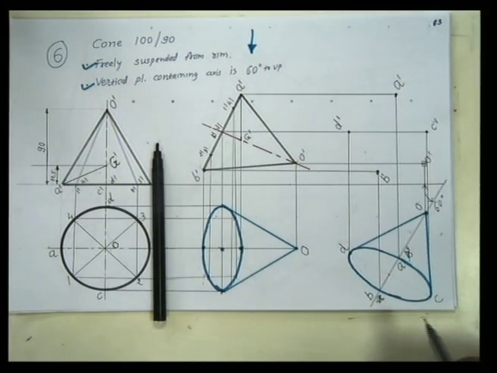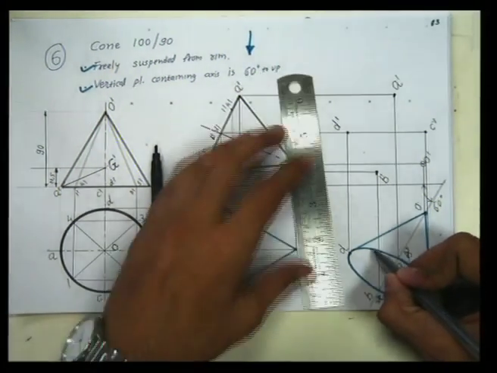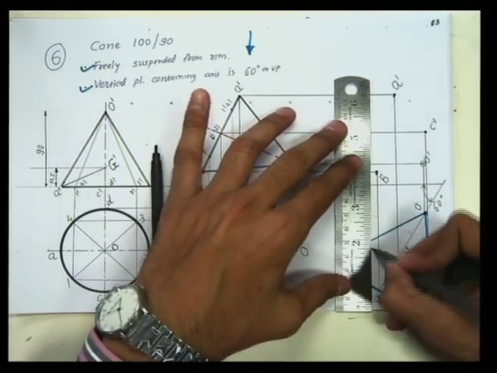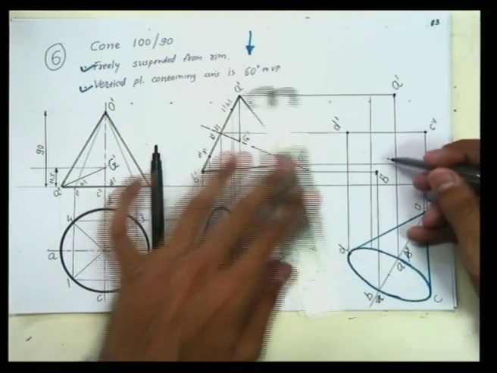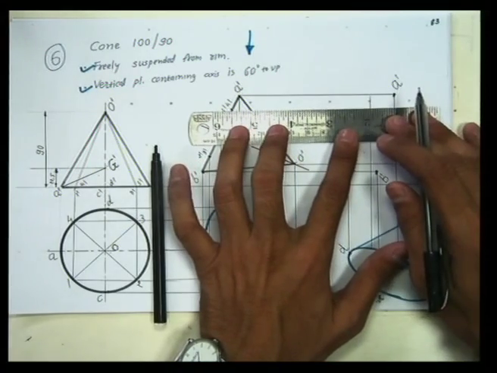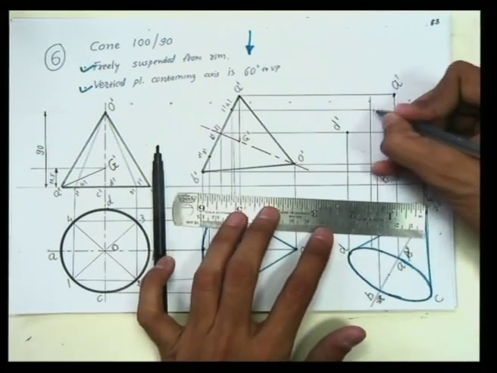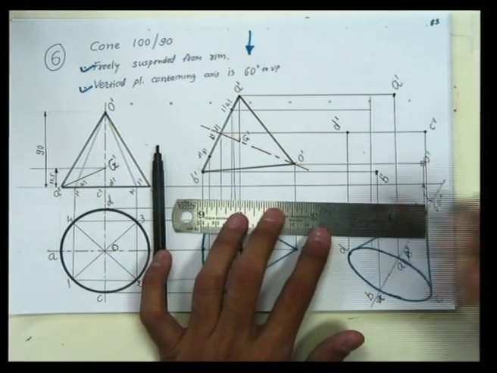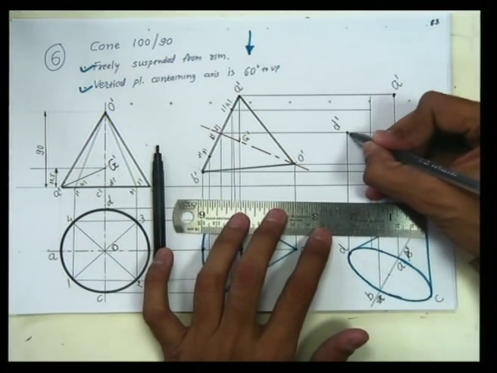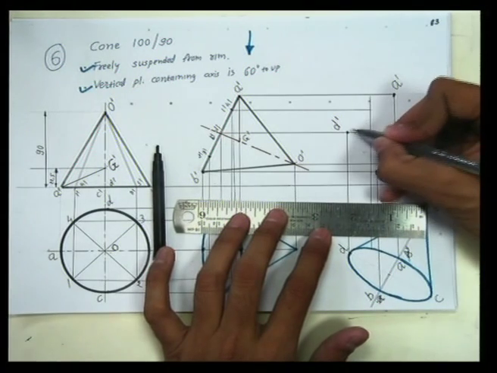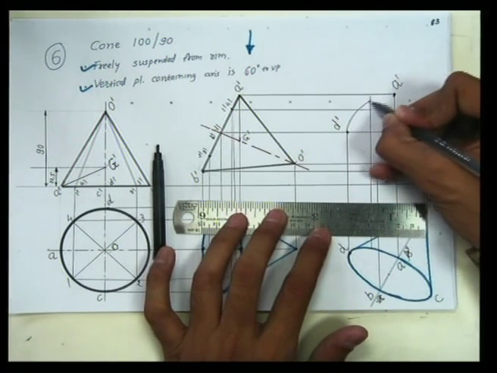With a similar exercise, we can also locate the other points like this. Here is say point number 1. So vertical line from this point, horizontal line from this point 1 dash and 4 dash. So that point would be somewhere here. So with the same exercise, we can locate all the rest of the points, and the curve would be like this.